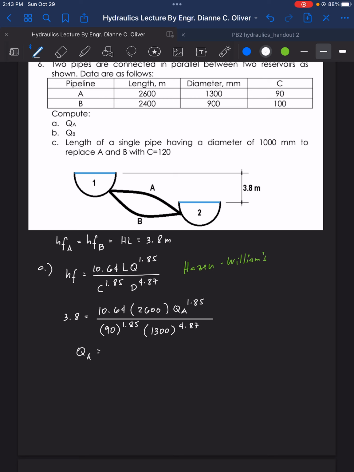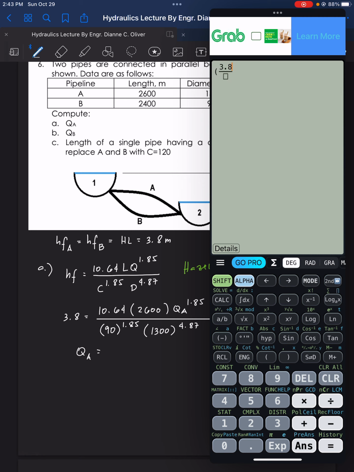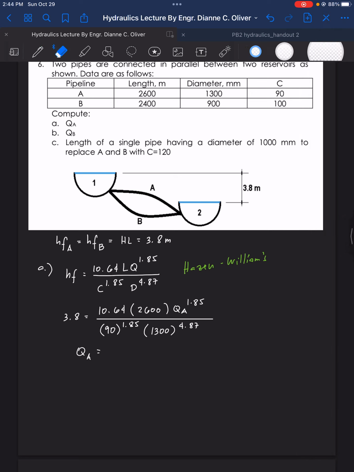So QA is equal to 3.8 times 90 raised to 1.85 times 1.3 raised to 4.87 all over 10.64 times 2,600, all raised to the power 1 over 1.85.